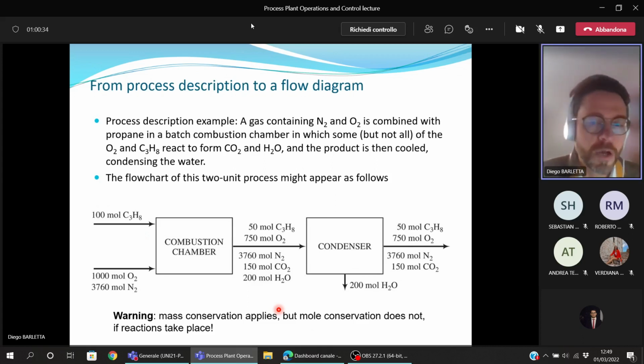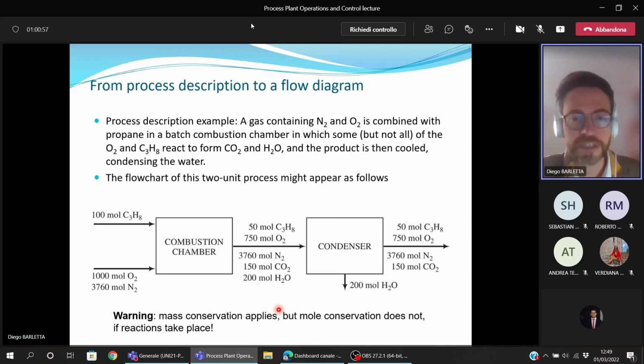Actually, we will learn, I don't say learn, because probably you know already, that there is a conservation of the atoms of elements present in the stream, in case we are considering reaction.